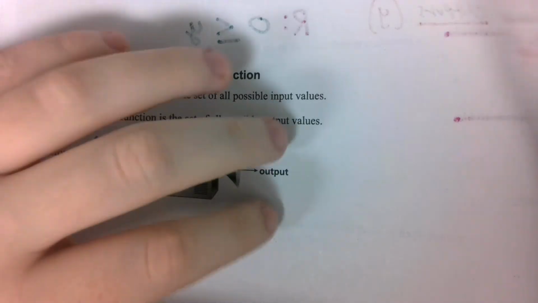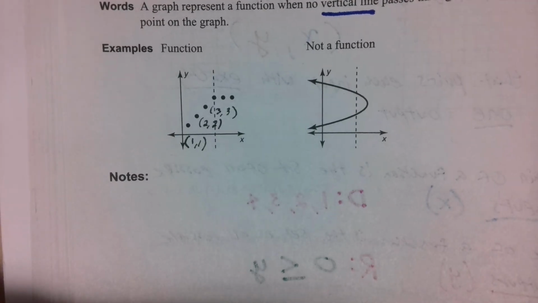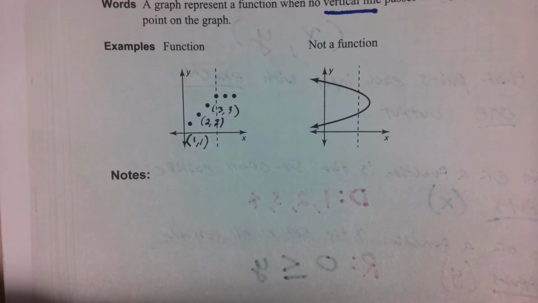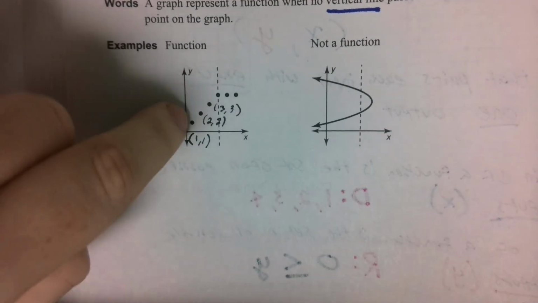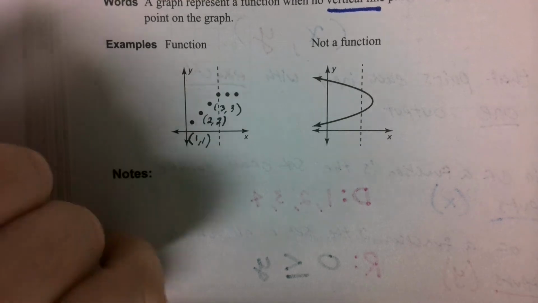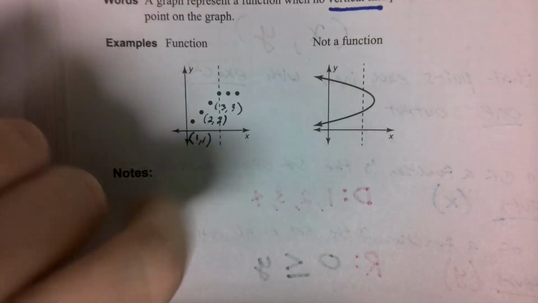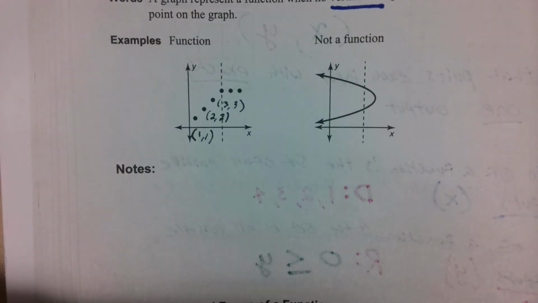If we flip back a couple of pages to our 3.1 notes, we actually see examples of discrete and continuous graphs. Basically, a discrete graph is when you have a bunch of points that mark out all the places the function is at. A continuous graph is any time you have a line or a curve.